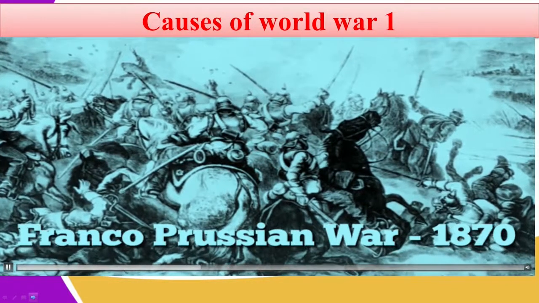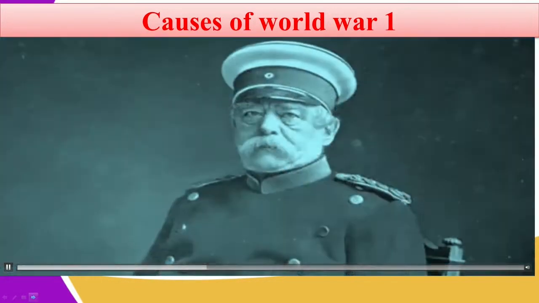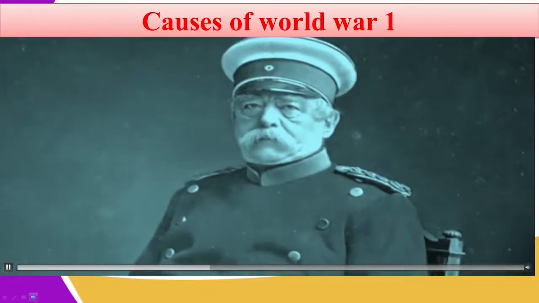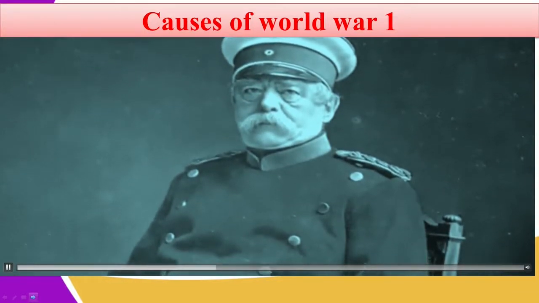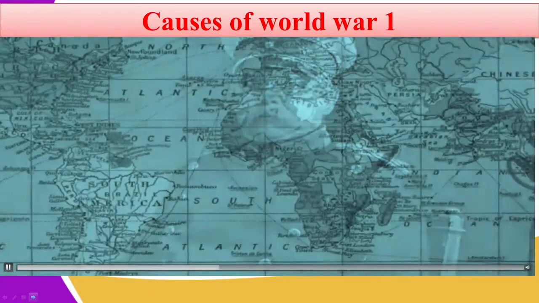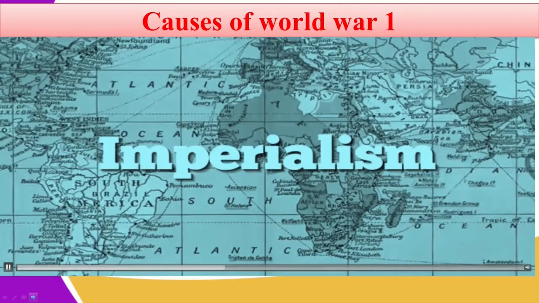So the Franco-Prussian War occurred in 1870. And this saw France losing two main regions, that is Lorraine and Alsace. The other cause of the war was imperialism.